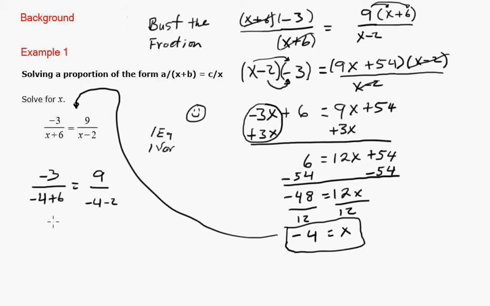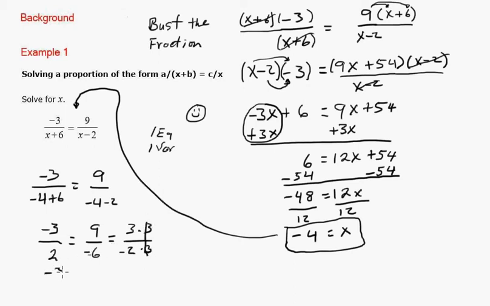So this becomes negative 3 over 6 take away 4 is 2, and this becomes 9 over negative 6. But 9 over negative 6, that's 3 times 3, and negative 2 times 3, to be a negative 6. So that cancels.